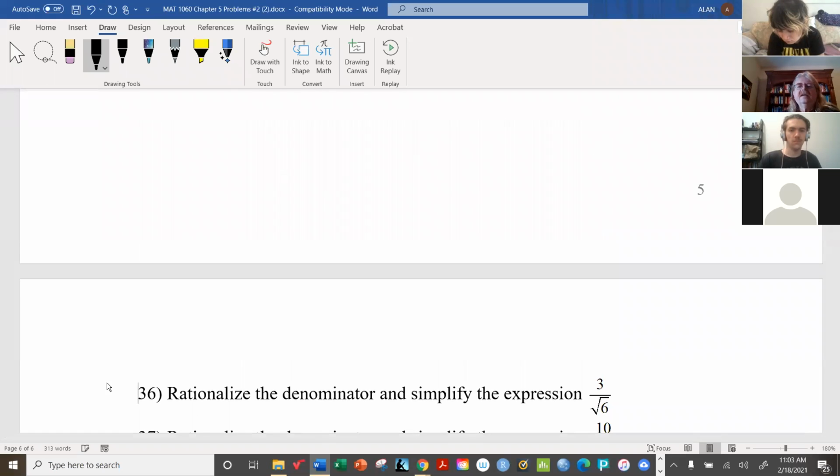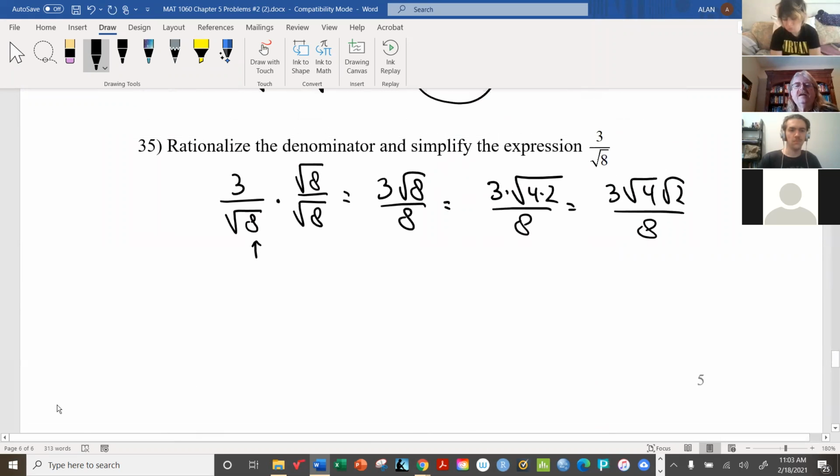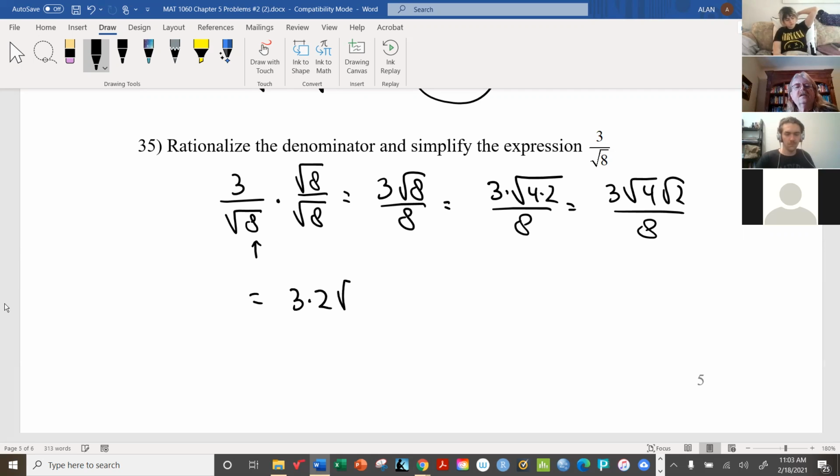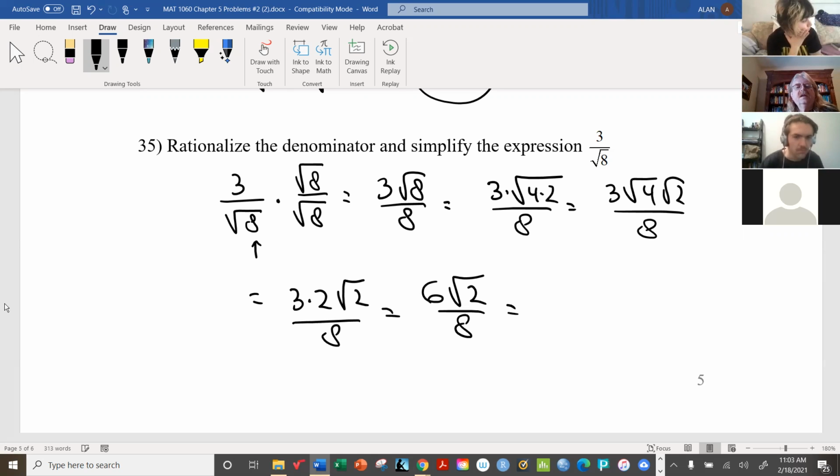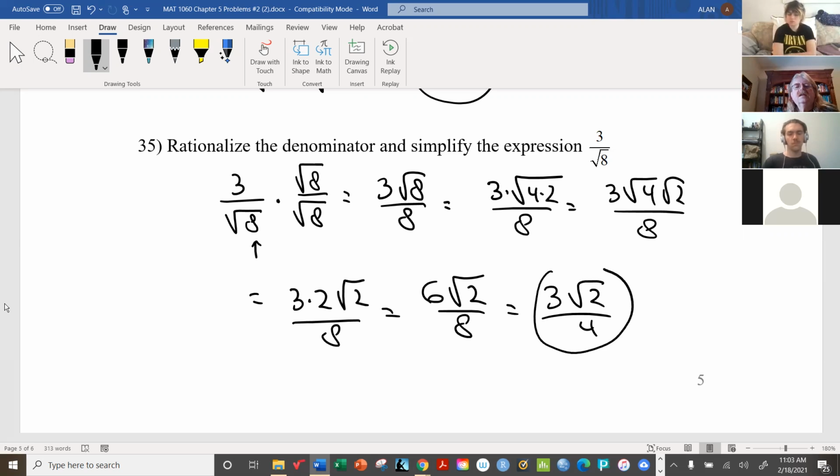And that can now give us 3 times 2 radical 2 over 8, 6 radical 2 over 8, and finally, when all the dust settles, this is our final result. We obviously can't go any further because 2 is a prime number.